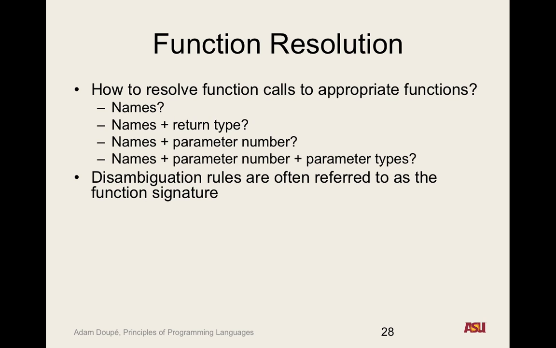distinguishing between different definitions of the same name function. I like to think of them as the function signature, right? What's nice about a signature? It should be a unique identifier. Yeah, it should be unique.